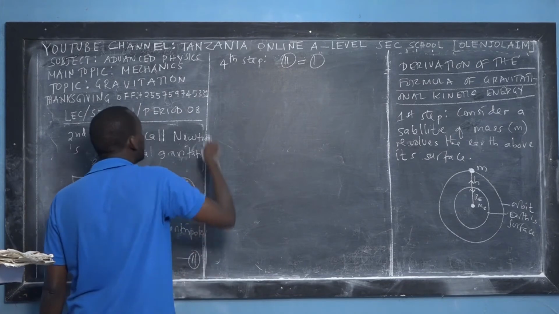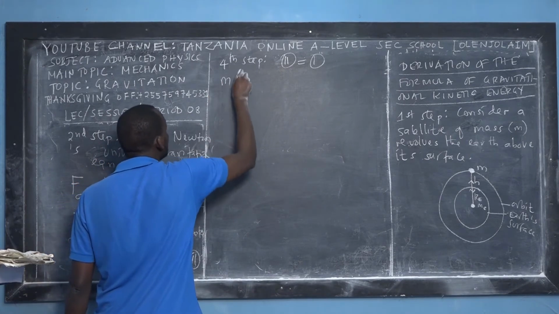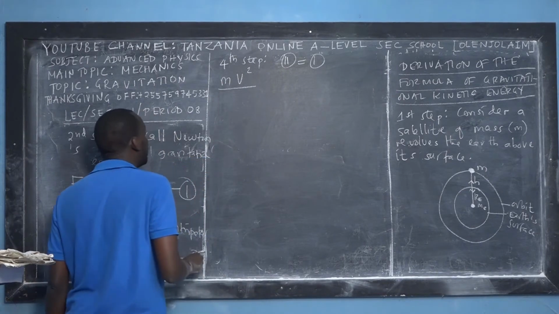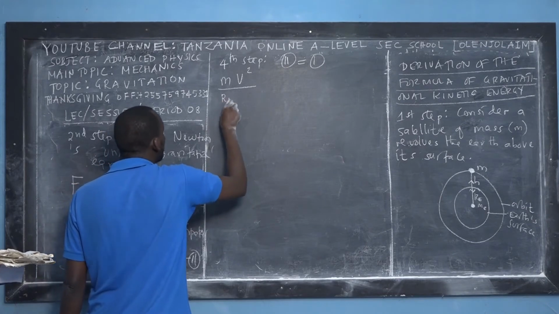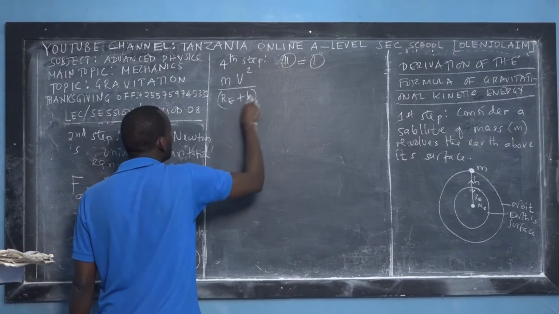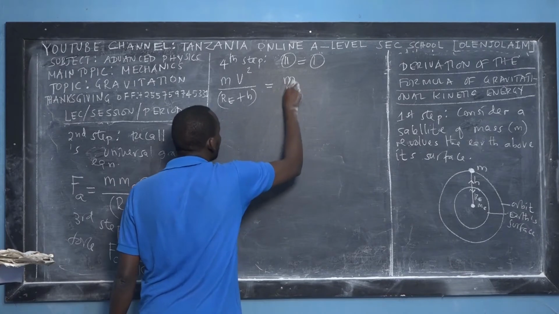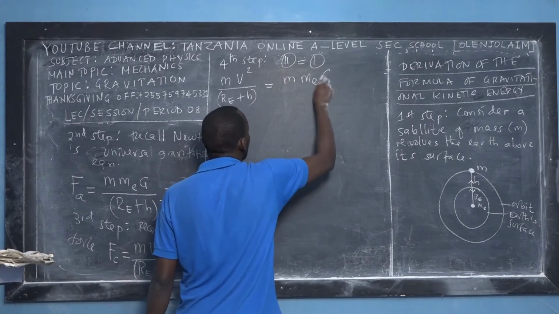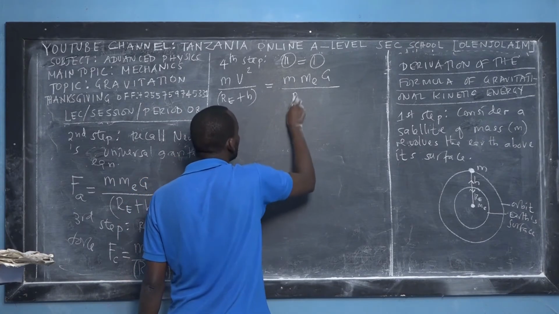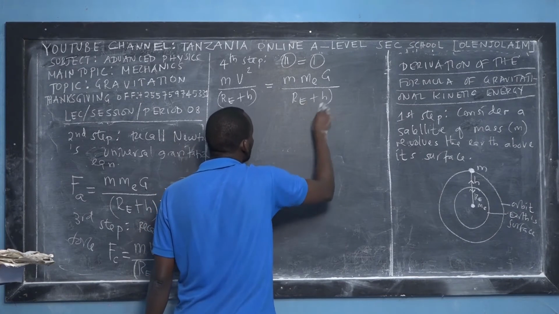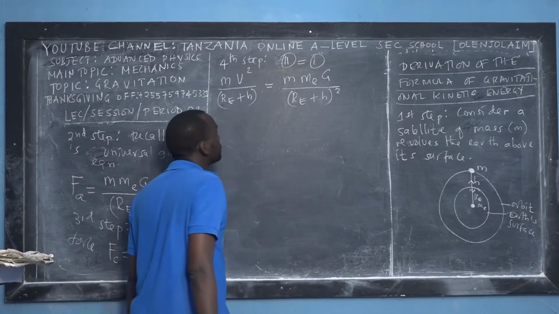You have mass of the satellite, square of the velocity, over the radius of the S plus height h, equal to mass of the satellite, mass of the S, gravitational constant, over the radius of the S plus the height h squared.